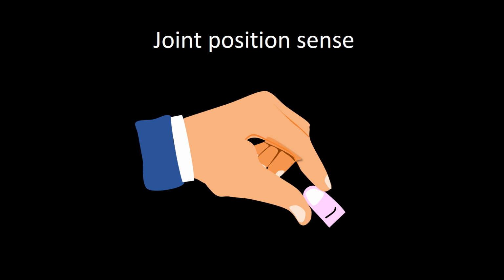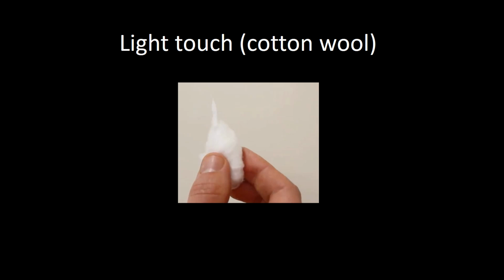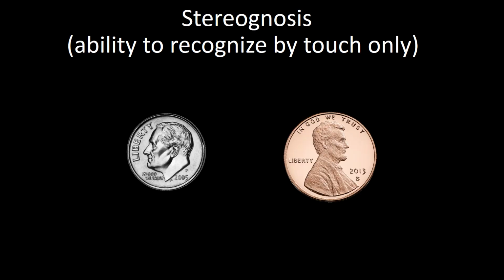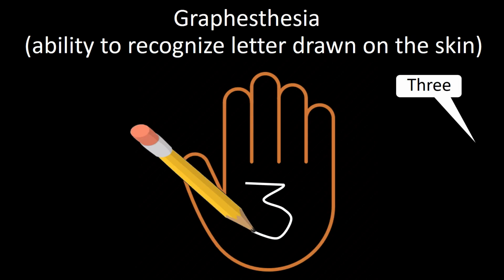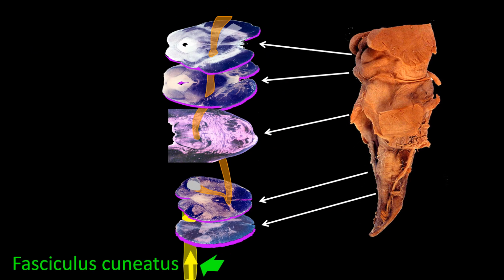Axons of neurons carrying position and motion sense, vibration sense, and light or soft touch, especially discriminative soft touch submodalities, as well as stereognosis and graphesthesia, cross to the opposite side at different sites than those for the anterolateral system. These modalities in the spine travel in the dorsal column, in the fasciculus cuneatus. Those for the arm are indicated here.